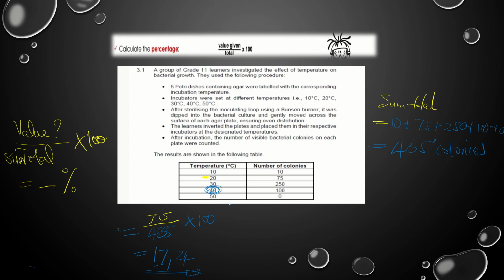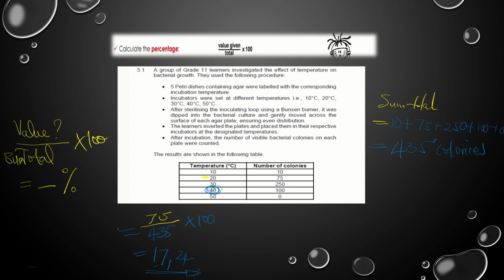As we said, we're going to check the percentage. What is the percentage at 40 degrees Celsius in relation to the number of colonies? You look at the given value like the formula says. But what is the value in question? We are not focusing on the temperature; we are not testing the temperature.